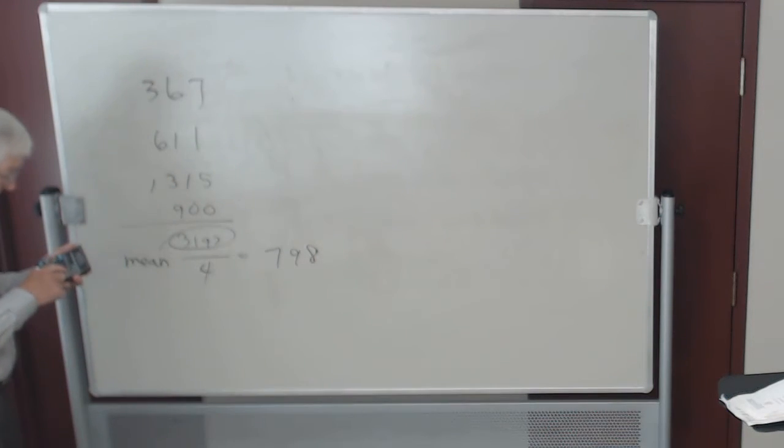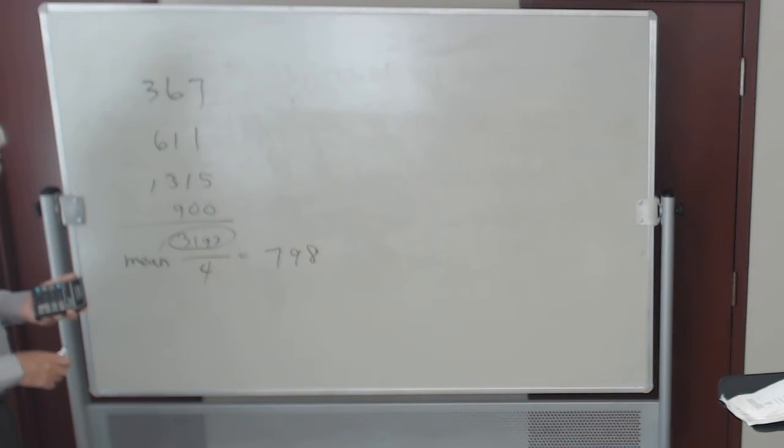Let's check that out to make sure. Times 4 equals 3193. Okay, 798 is the mean.